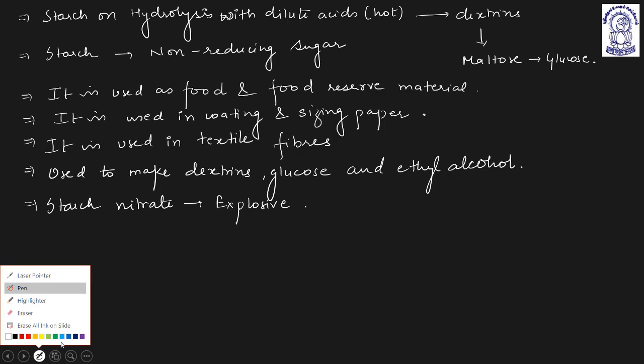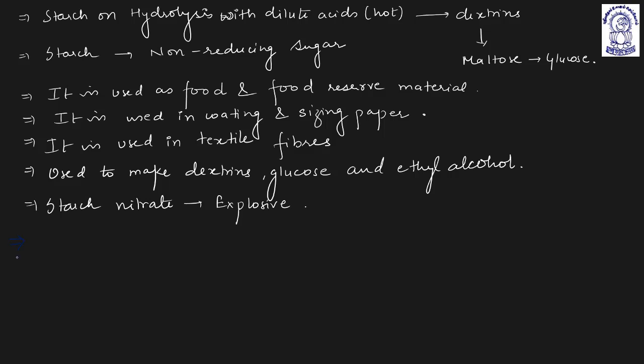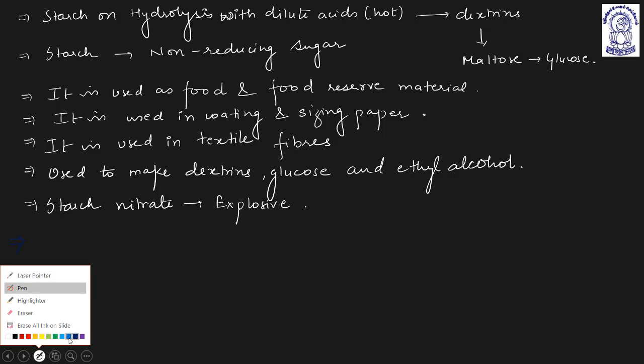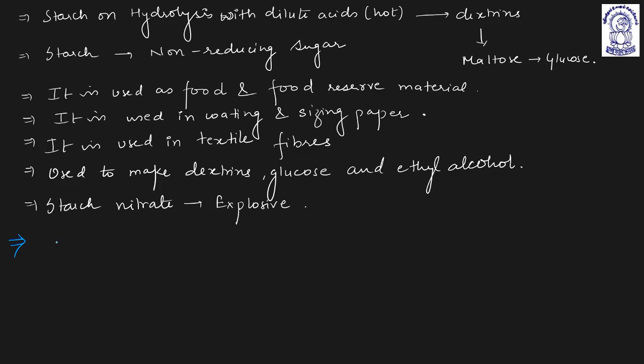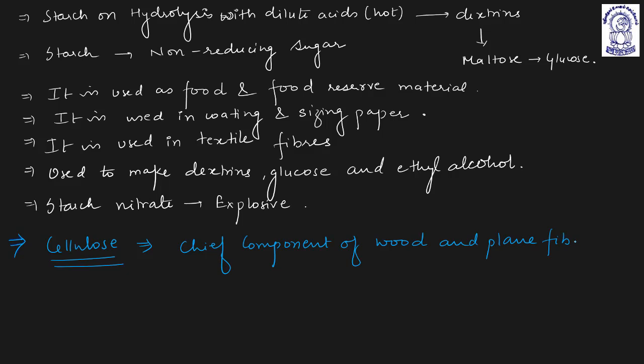Then comes cellulose. It is a chief component of wood and plant fibers, like cotton.